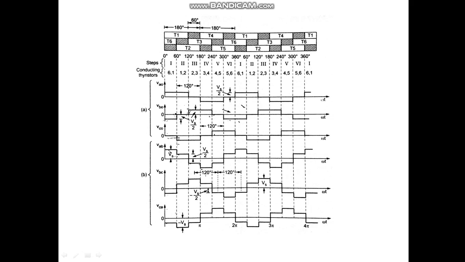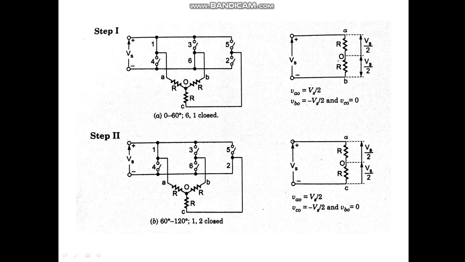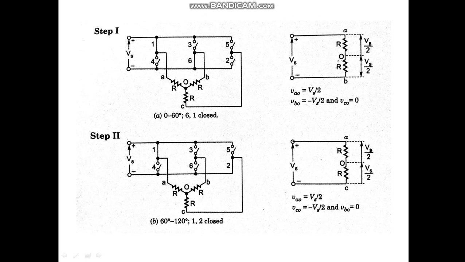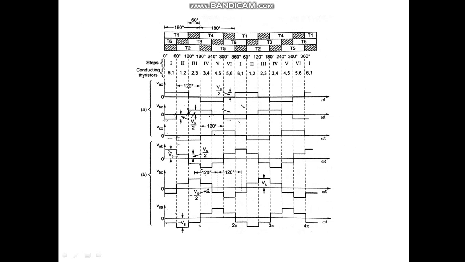Similarly for VAB: in step 1, what is voltage AB? Total Vs. Step 2, what is VAB? AB means RY. Y is open, so Vs by 2 voltage is there. So you can see here it is Vs by 2.